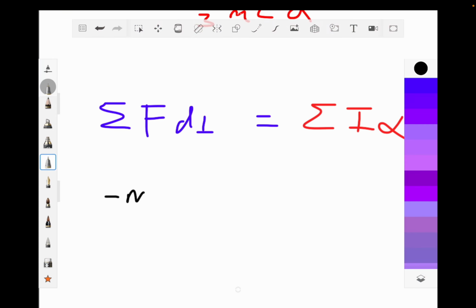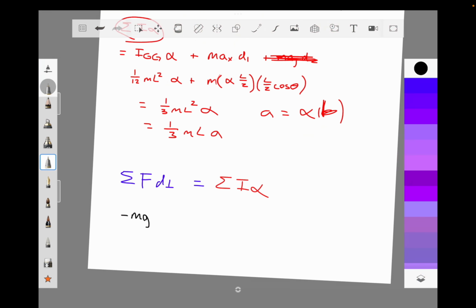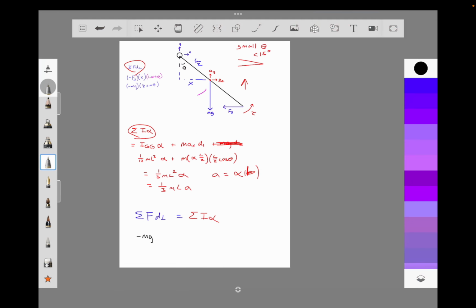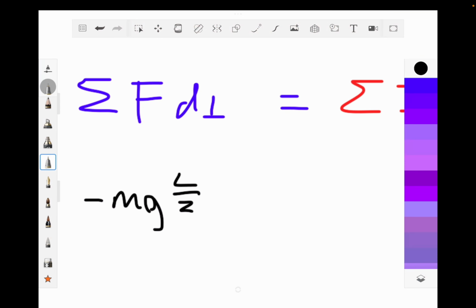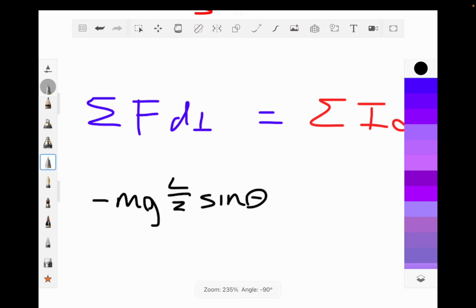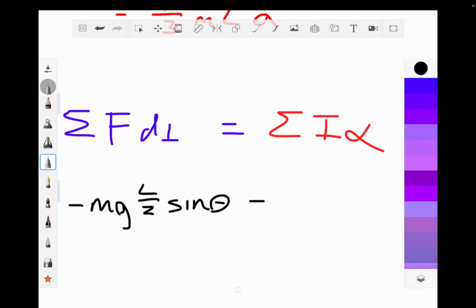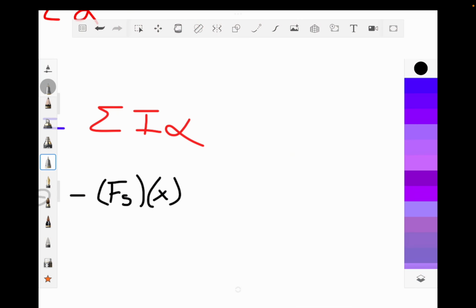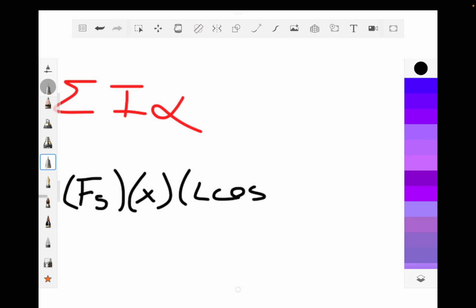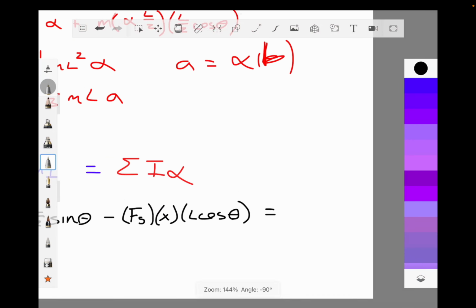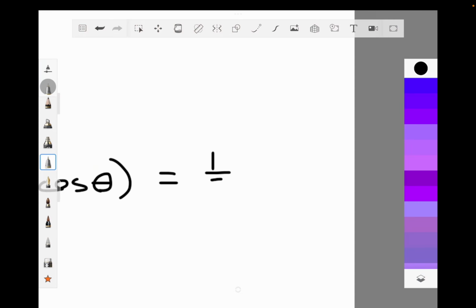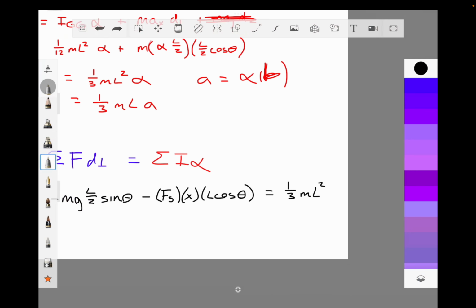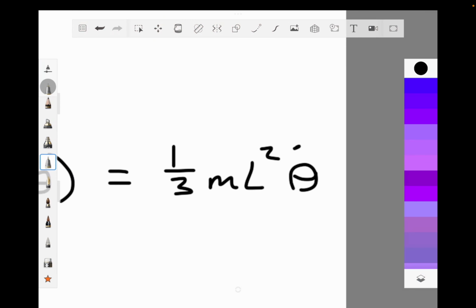So it's going to be negative mg, I already forgot what it was, over 2 sine theta, minus spring force times x, which I'll get to in a second, L cosine theta, which equals 1/3 ml squared alpha. You know what, we're going to use this because that's what they like to see.